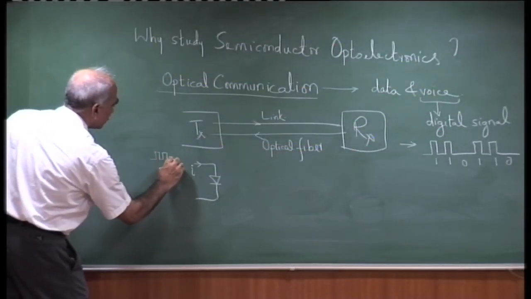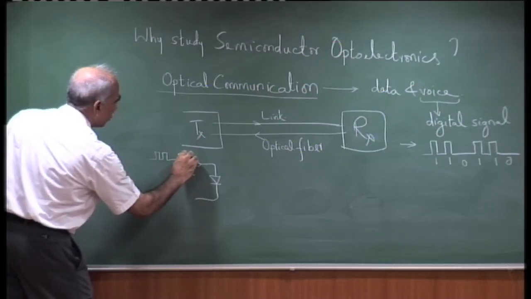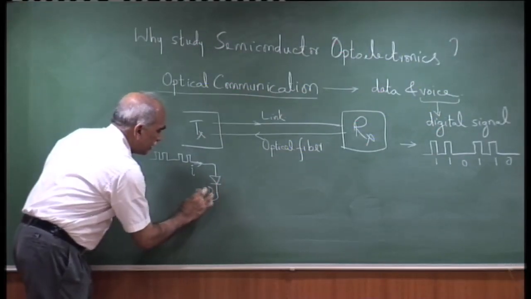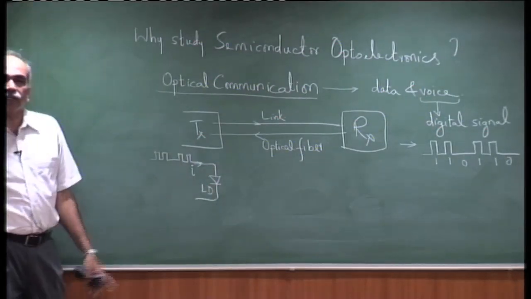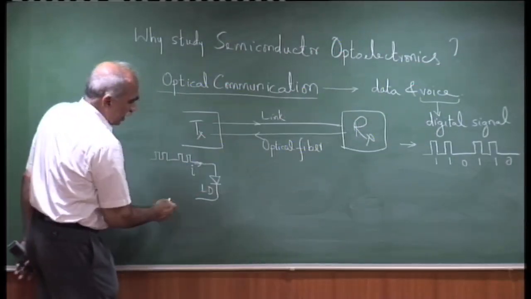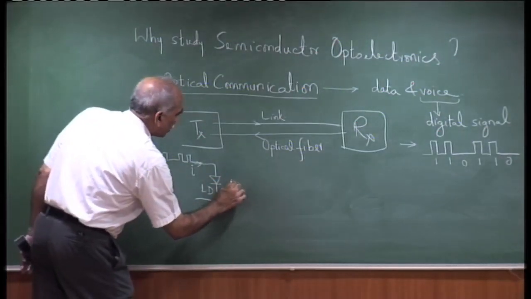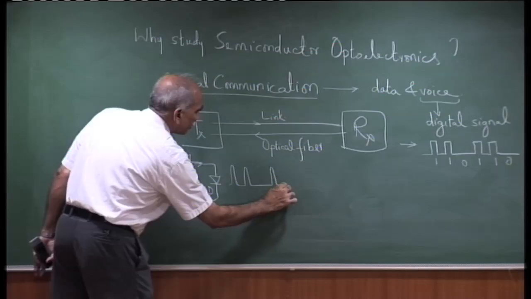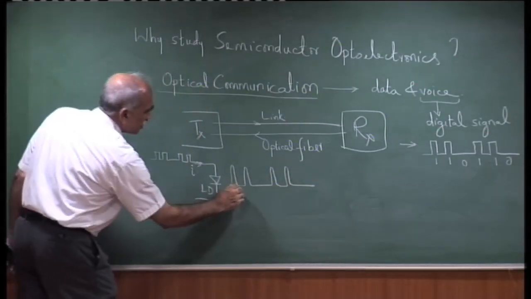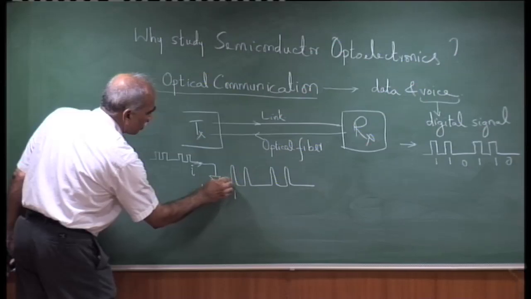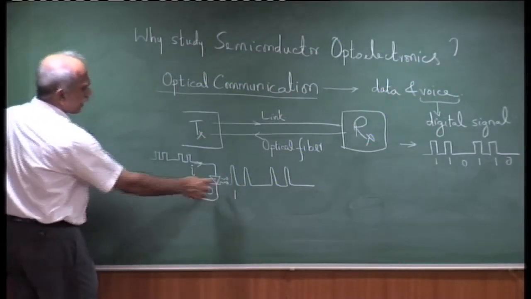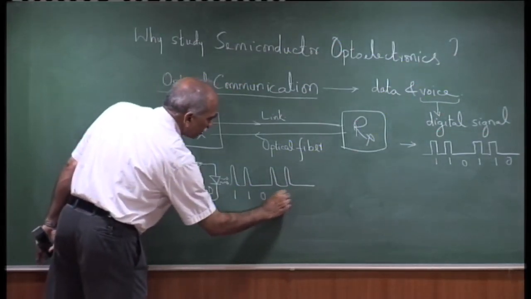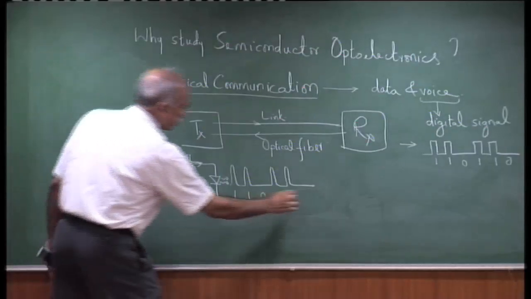The bias current through this semiconductor laser diode, LD, is modulated, and therefore the laser diode gives out light pulses corresponding to digital ones and no pulse corresponding to zeros, in accordance with the varying current signal.